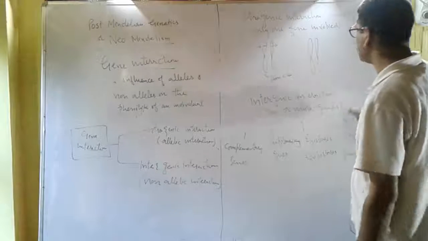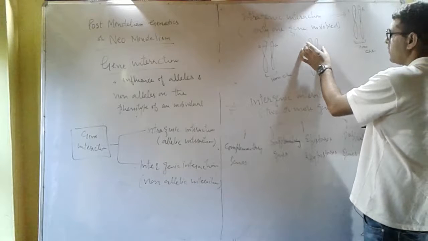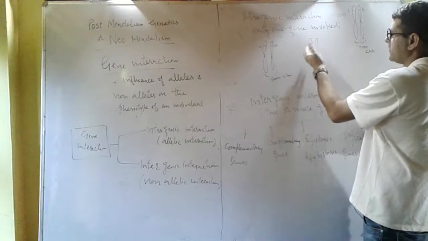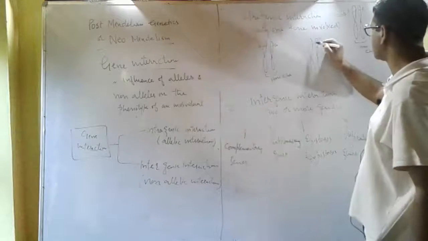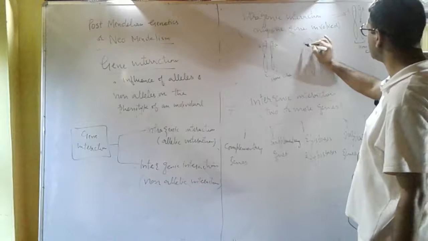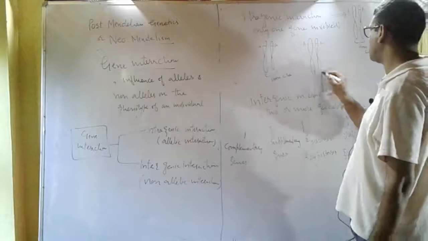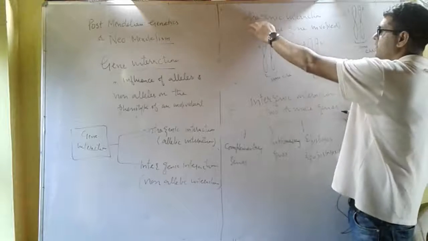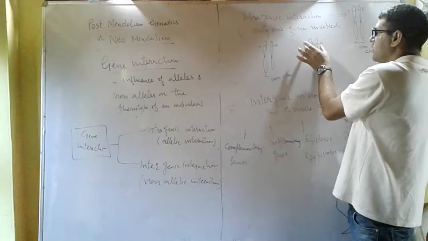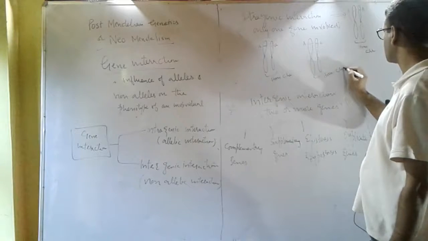Two alleles of a gene occupying the same locus on a homologous chromosome interact to produce the phenotype of an individual in case of intragenic interaction. That means only one gene is involved.